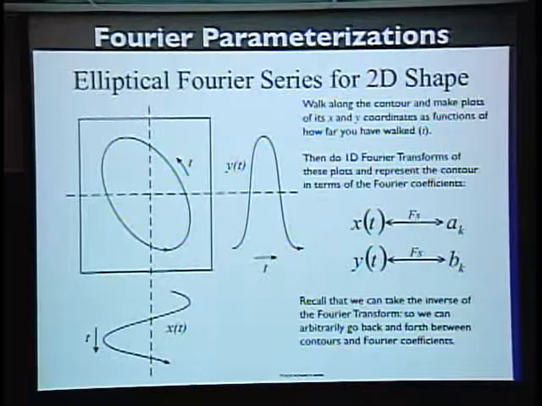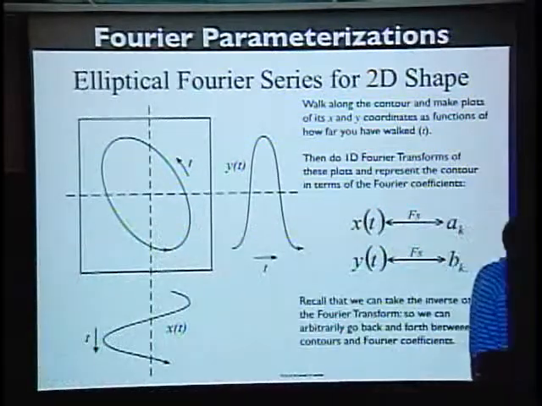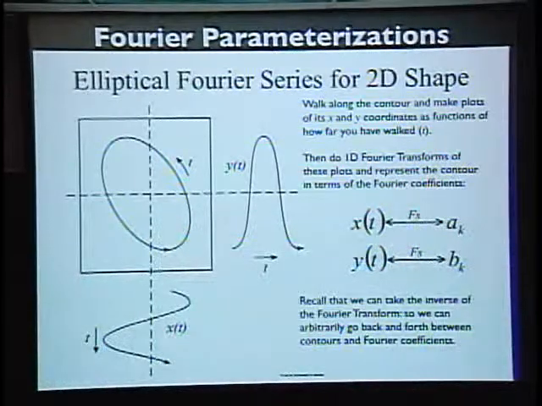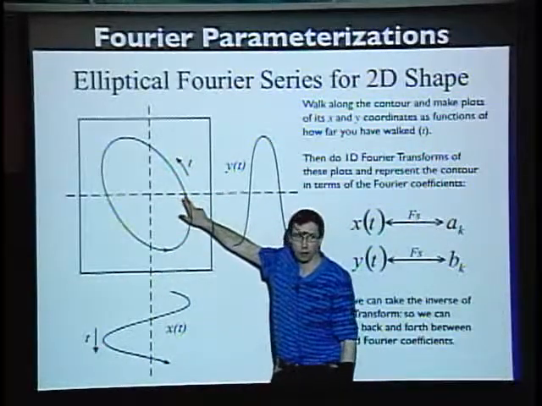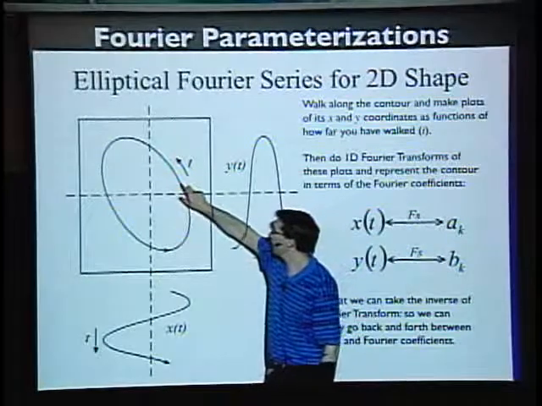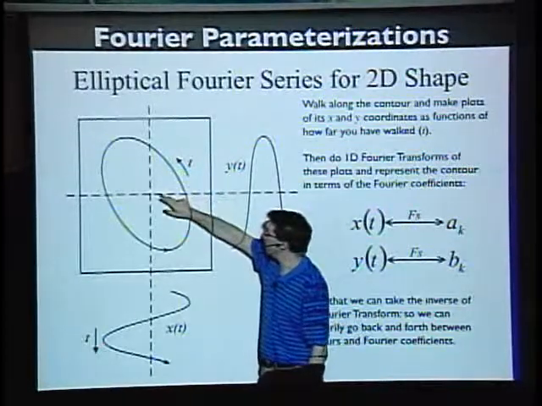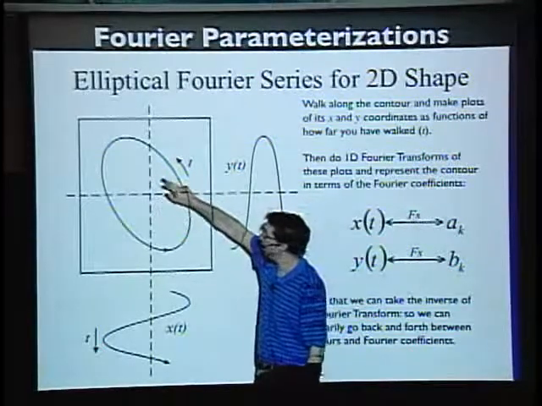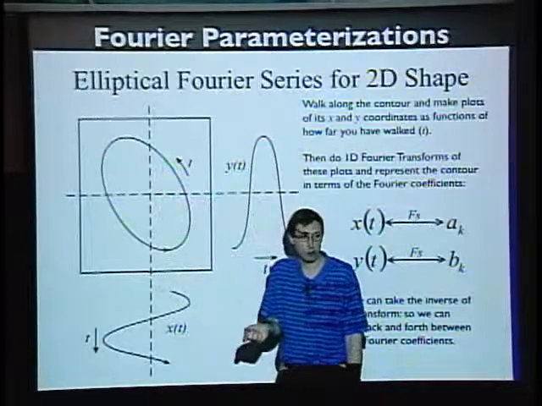So, in order to construct this particular parameterization, you can imagine yourself walking along the contour, starting at, say, 3 o'clock over here, and for every step you take, you make a note of the x-coordinate where you are and the y-coordinate of where you are as a function of how far you have walked.